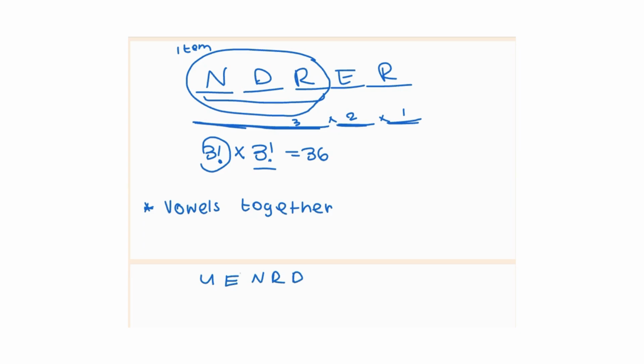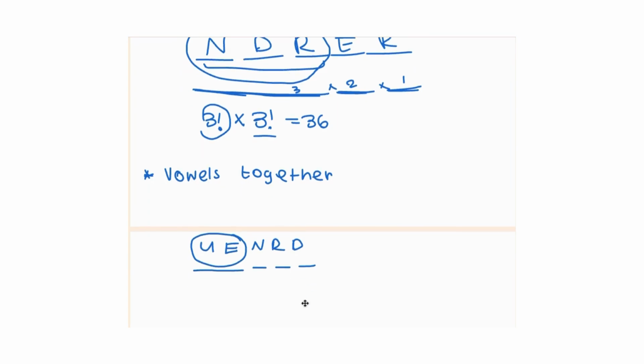Because I'm grouping my vowels, remember, if you group, you give them a circle to say this is a single item. Then I have space for N, for R, and for D. They didn't tell us if the vowels must be in the middle, in the last, or where, it means we can arrange them differently. How many different ways can we arrange these 4 spaces? For the items N, R, D and the group, that's your 4 factorial.